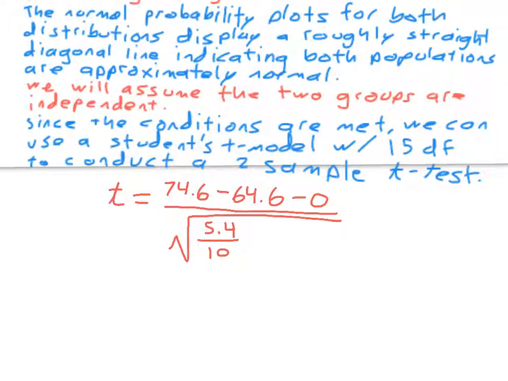So I need to square the numerator. And if I square the denominator, the radical just goes away. So for this one, I want to square the numerator, and I want to square radical 10, so that just becomes 10. Then I add these together and I take the square root. That gives me the standard deviation of the difference.